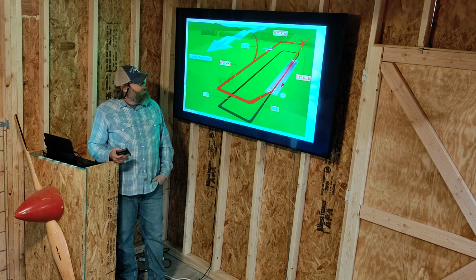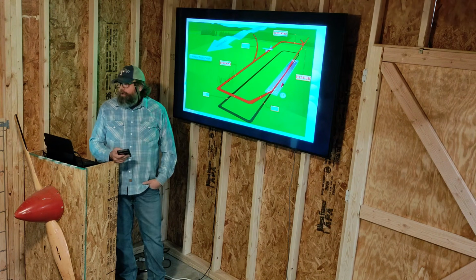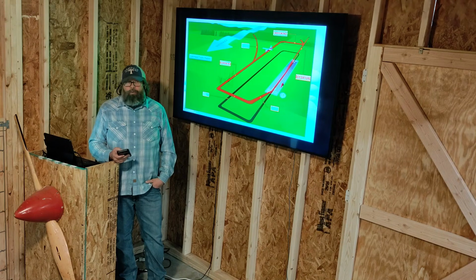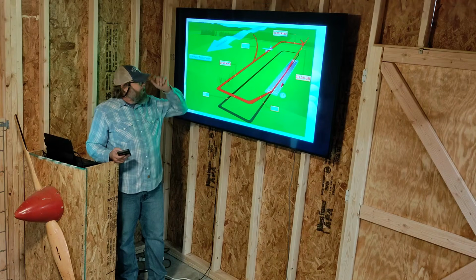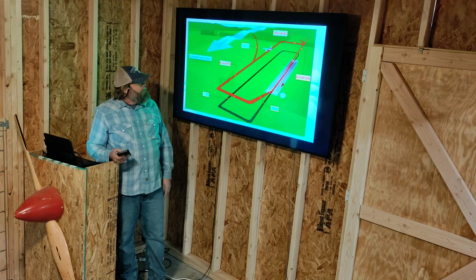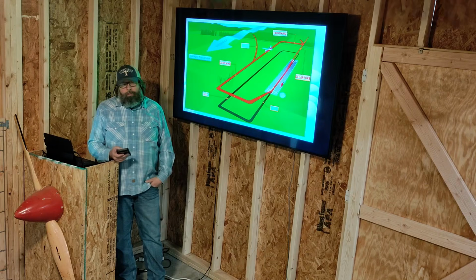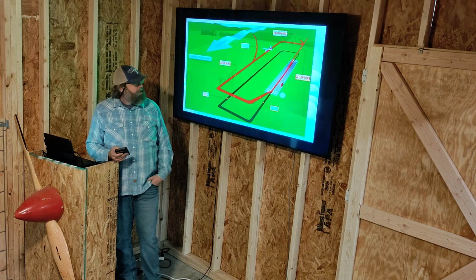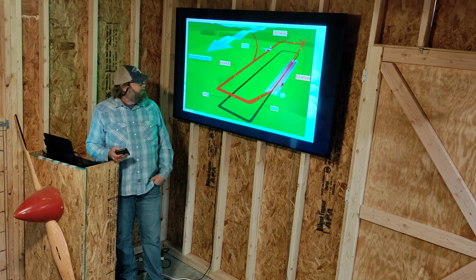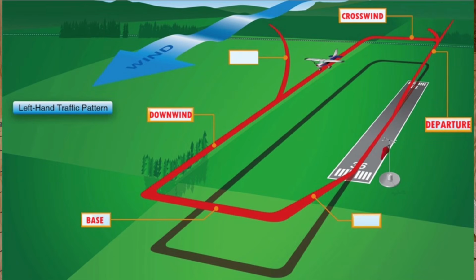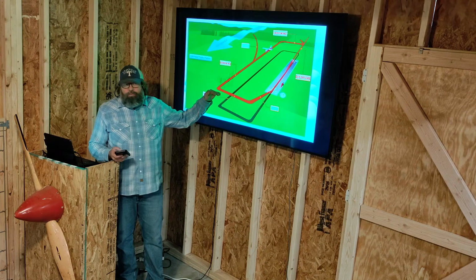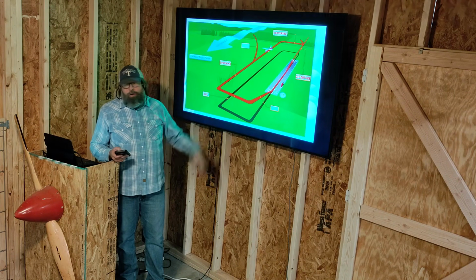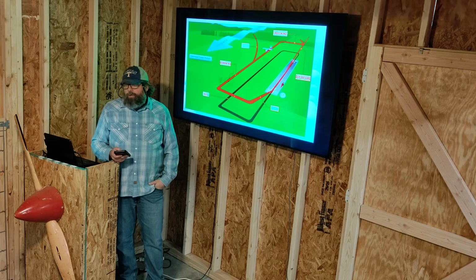All right, so the downwind, why do you think it's called downwind? You seen a pattern here? You seen a pattern with a pattern? It's all relative to the wind, right? All right, so flying on the downwind and turning left on what's called the base. Notice too that that's where the altitude starts decreasing. So the base is setting him up to make a left turn onto, who knows it?